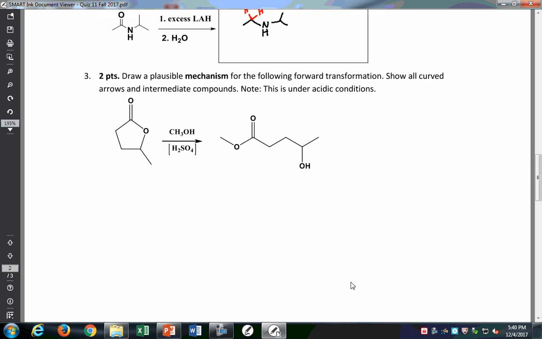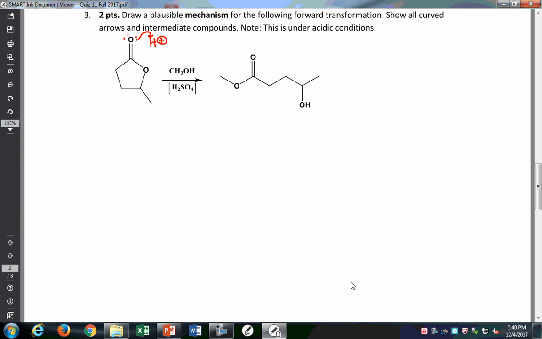We don't form negative charge, a strong base in acidic media. So our H plus is coming from our H2SO4. You can draw the H2SO4, but I'm just going to draw H plus. So our first step, just like our mechanism we saw earlier, is going to be protonating our oxygen to make it much more susceptible to attack.